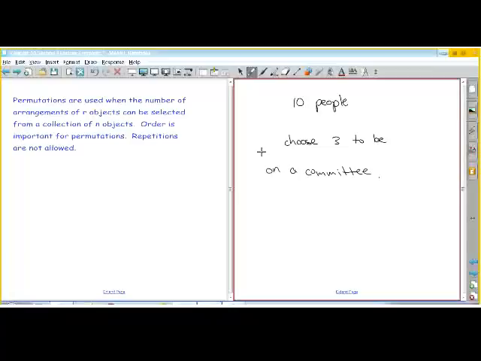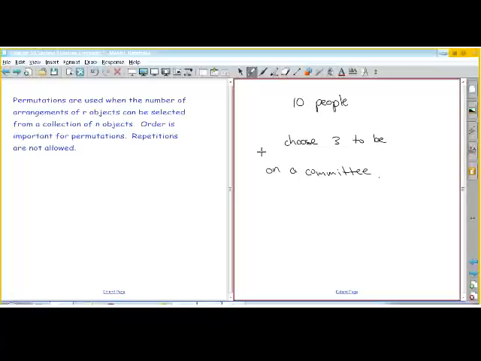Now, if you look at this particular case, if you have 10 people and we're choosing 3 people to be on a committee, how do we do that? Well, you look at it as a 2-step process. You look at how many ways you can arrange 3 people where order is important, and then you remove the order part from the equation.